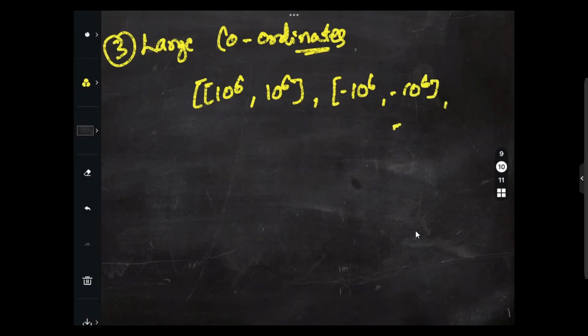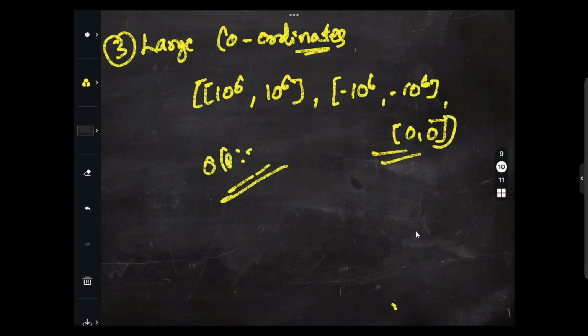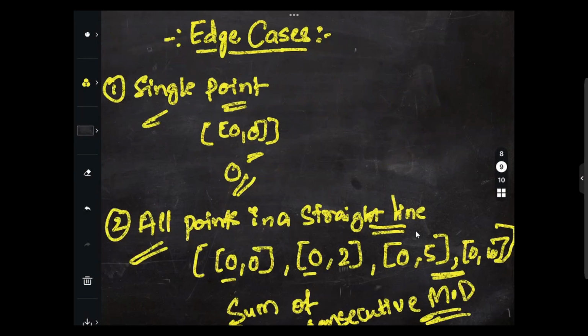And finally, let's consider here some 0 comma 0. So here we have to test the efficiency when handling the large cases. So I'll not be writing any output here. This is just to show that it has to handle the large coordinates accordingly with the constraint they have given. So I just consider 10 to the power of 6 and minus 10 to the power of 6 here. So this is fine.